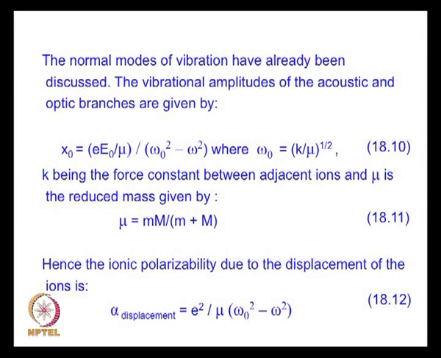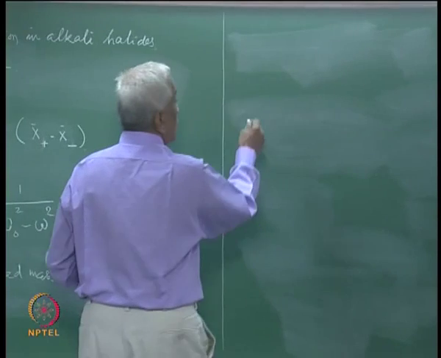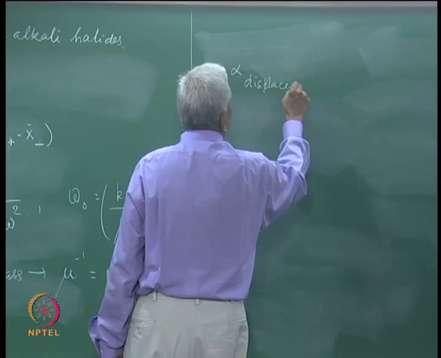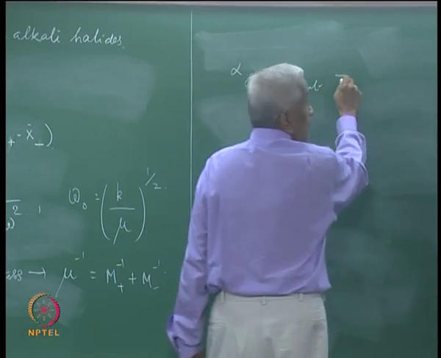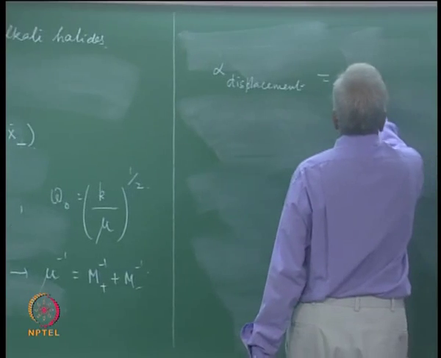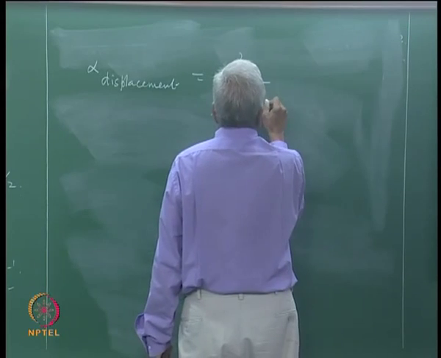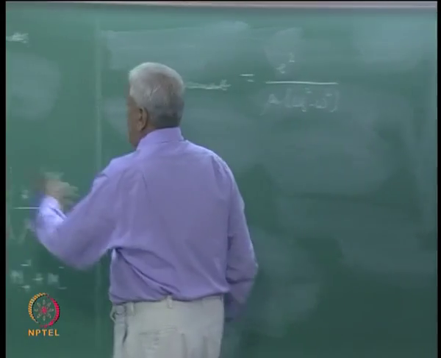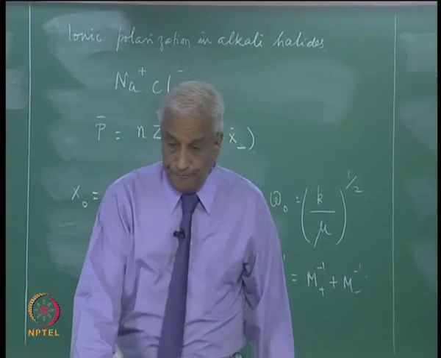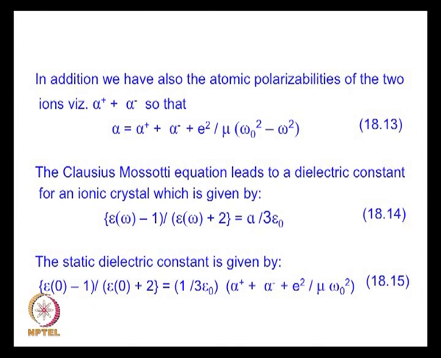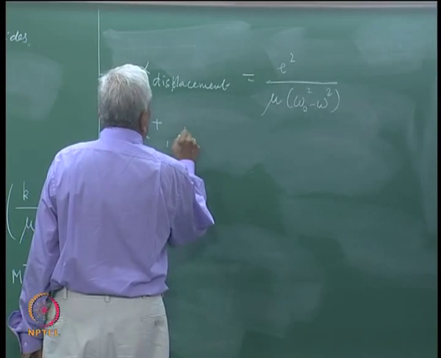Once we know the displacement, we can write the ionic polarizability due to the relative displacements of the two ions, following the same procedure which we followed up to now. Of course, we have neglected here the individual atomic polarizabilities, which are alpha plus and alpha minus.